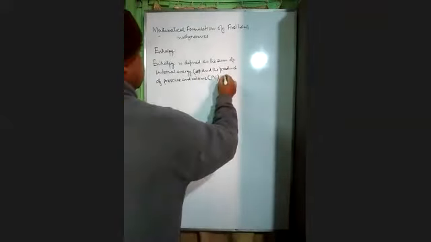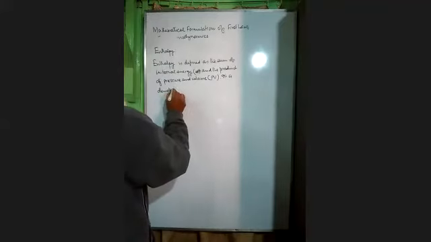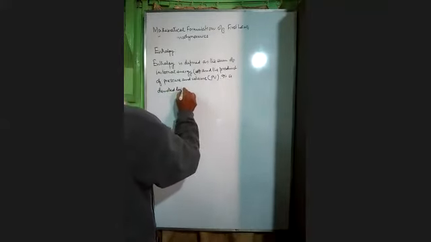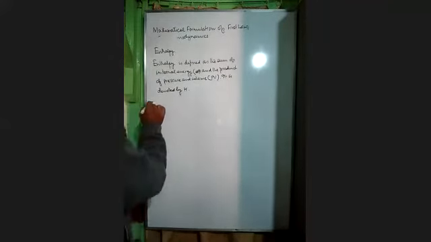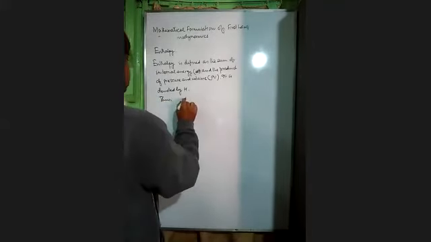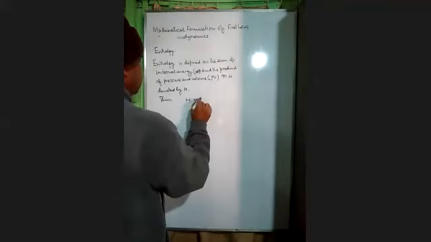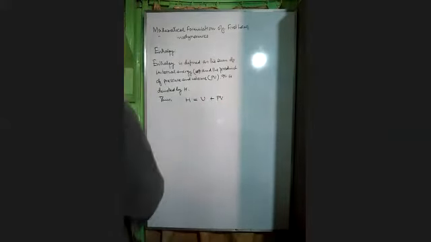It is the sum of the internal energy and the product of pressure and volume. It is denoted by H. Thus, H is equal to U plus PV.